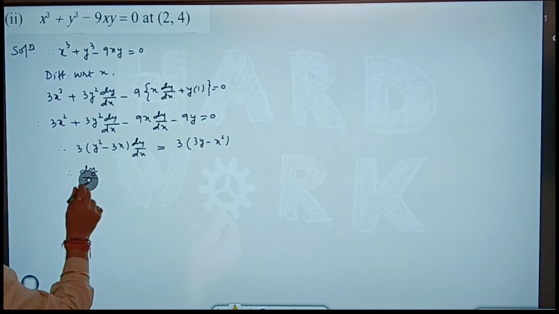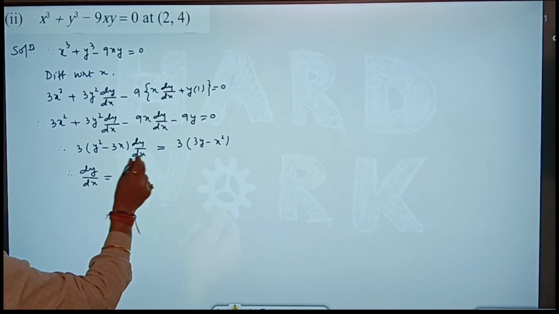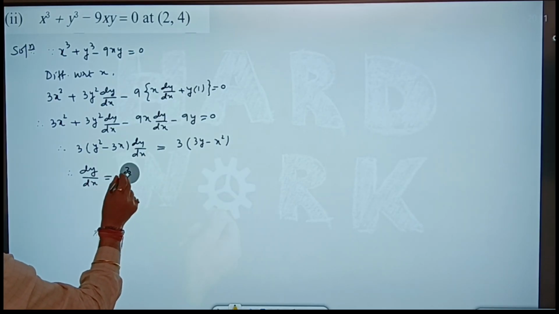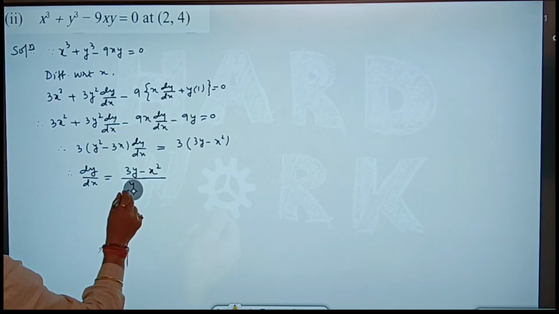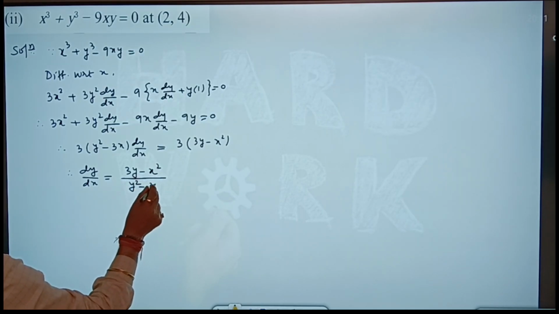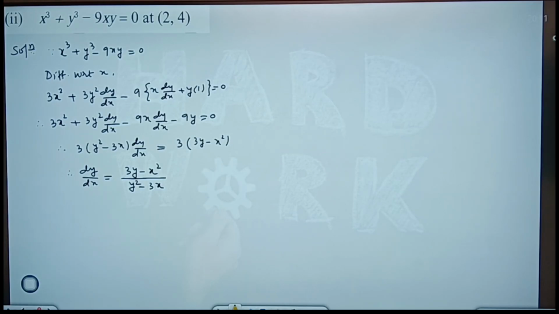So dy by dx is what? 3 will get cancelled. So 3y minus x square upon y square minus 3x.